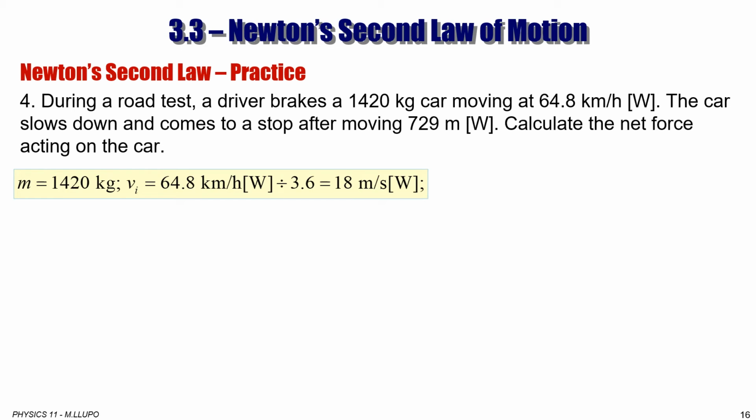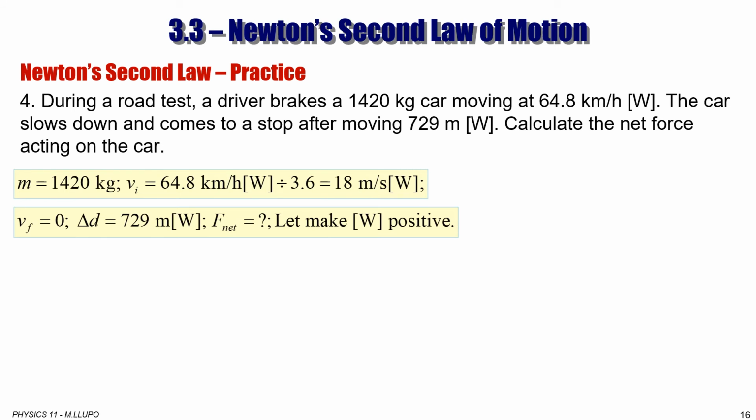So in order to calculate, F net is equal to ma. We have final velocity 0, because the car comes to a complete stop. Displacement is 729 meters west.